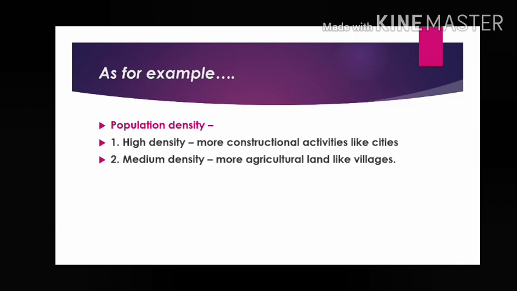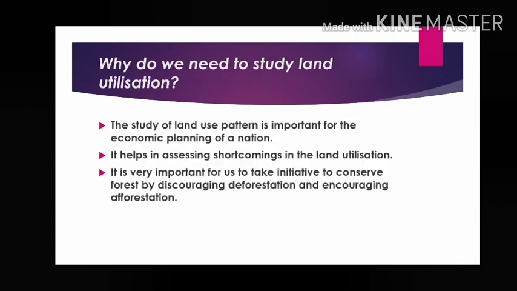Now come to the next, why do we need to study land utilization? That means what is the reason to find out that in this area this percentage of land is used for crop cultivation, this percentage of land is used for forestry, this percentage of land is used for constructional activities.